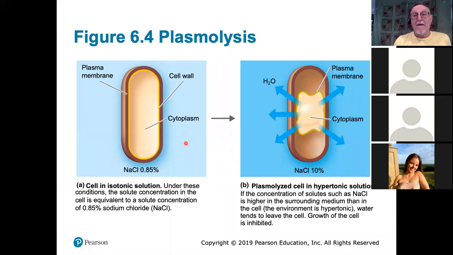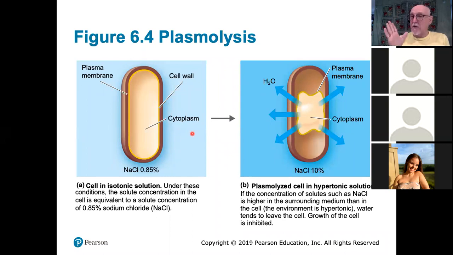Well, if this is hypotonic, if I've got less solute in this environment than inside here, there is less water inside here. The concentration of water is lower because the concentration of solute is higher. The concentration of water out here is higher because the concentration of solute is lower.